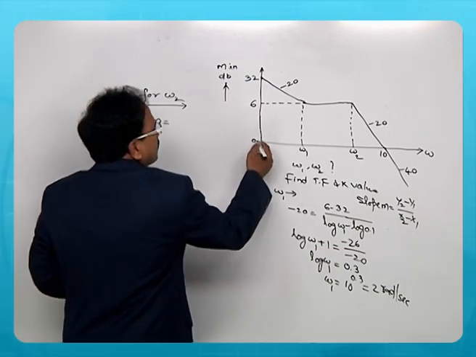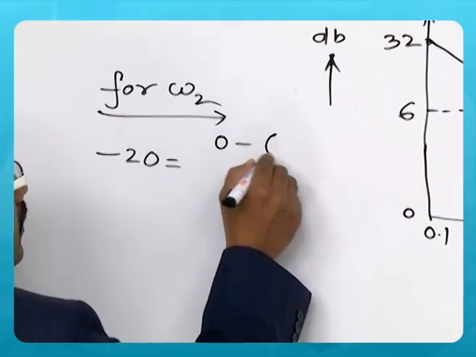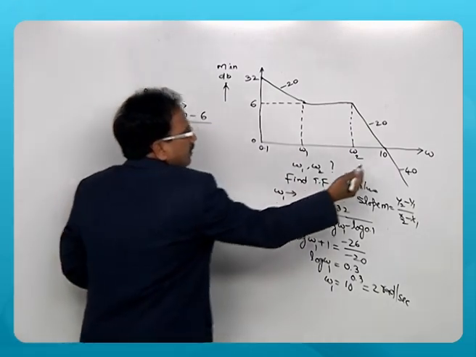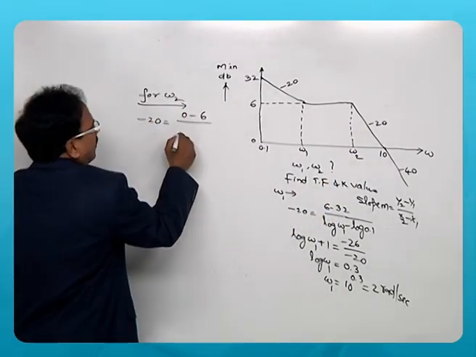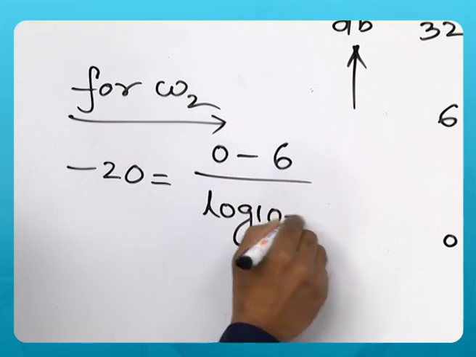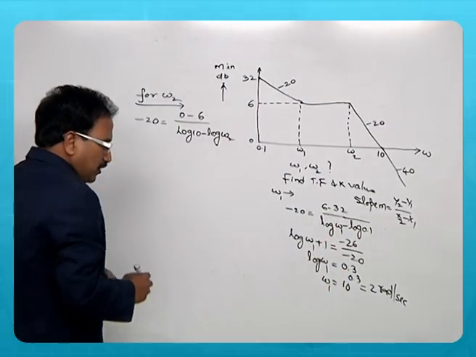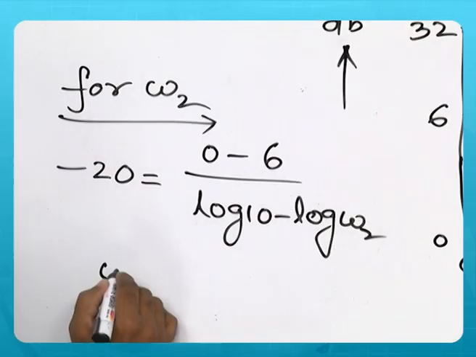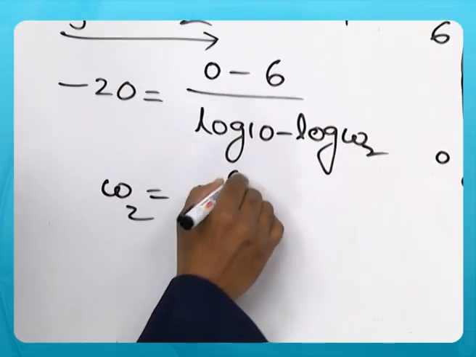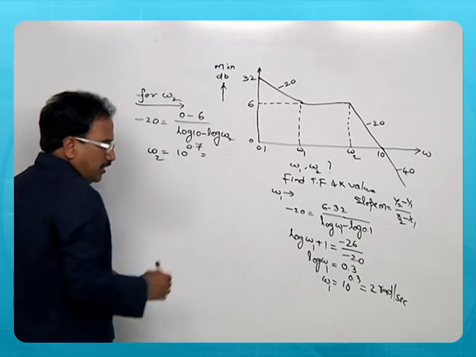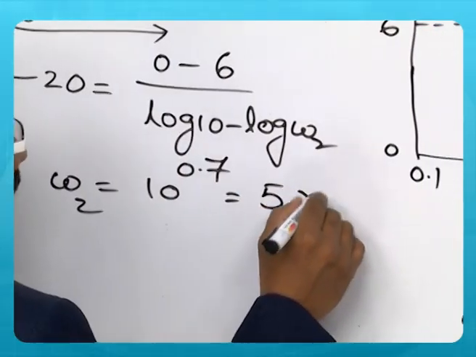So this is 0 minus 6 as the y coordinates, and the x coordinates are log 10 minus log omega 2. So omega 2 is 10 power 0.7, this is again 5 radians per second.